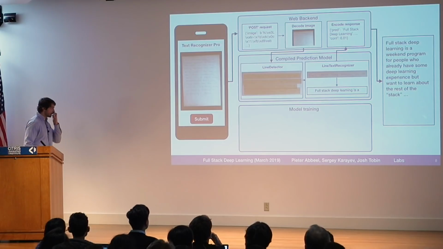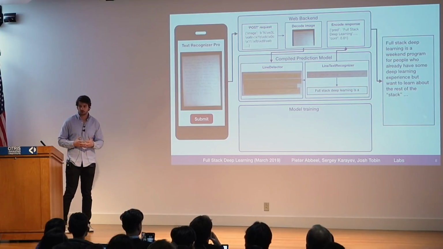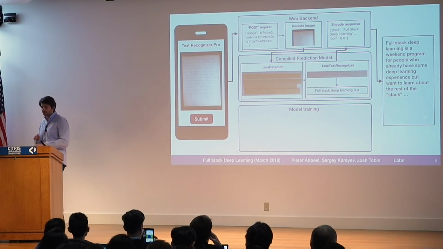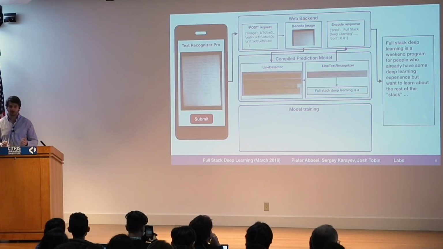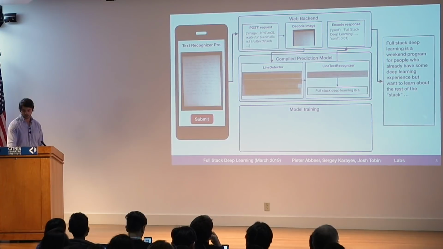And how do we actually create this prediction model? One way you can think about the compiled prediction model is that it's a set of learned weights, and those weights are wrapped by some code that tells the application how to use them to create predictions. So where do the compiled weights come from?